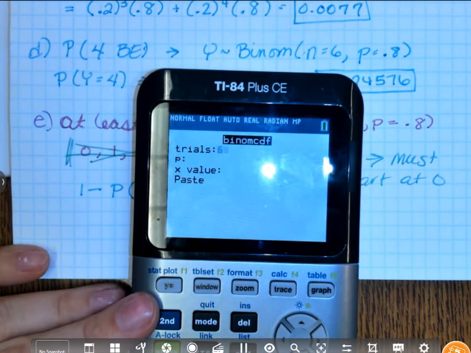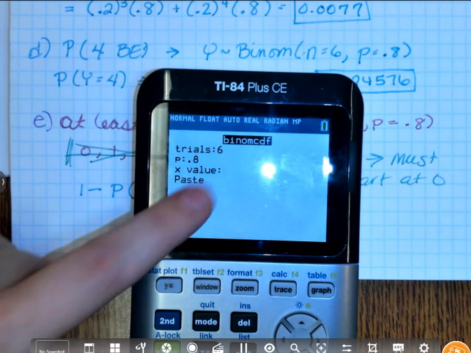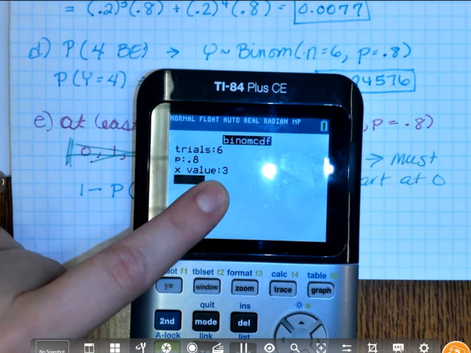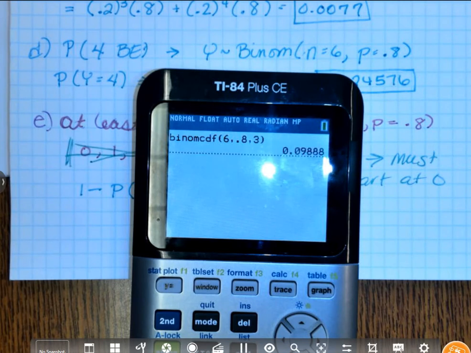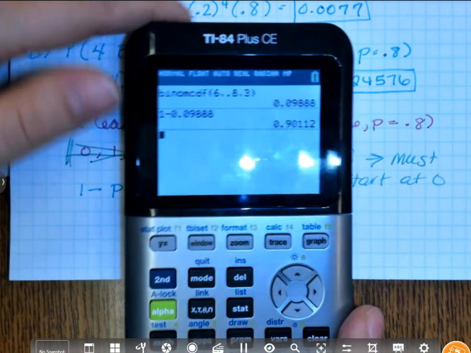So I'm going to say 6 trials, where the probability of success is 0.8. I'm crossing out through 3. So I'm going to do 1 minus that. You can put the 1 minus binomial CDF if you'd like.